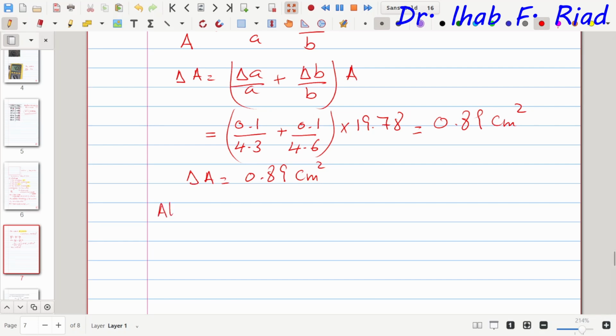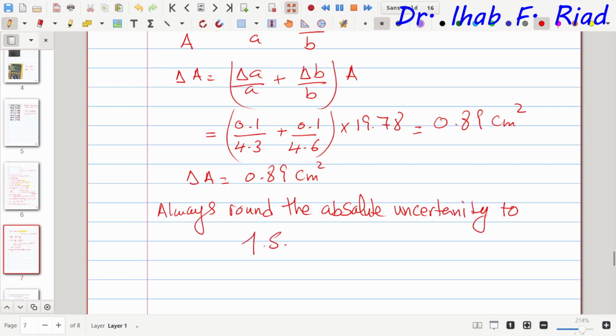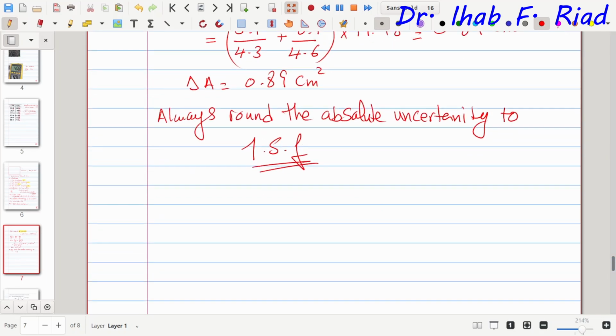Always round the absolute uncertainty to one significant figure. So rounding this to one significant figure, delta A is equal to 0.9 centimeter square.